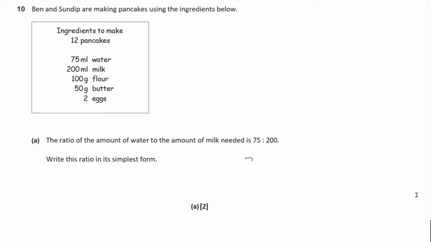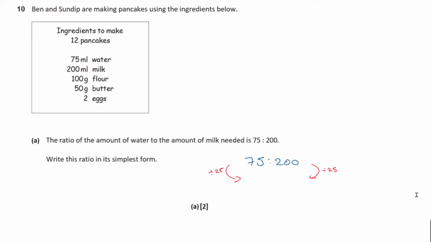So if I've got a ratio of 75 to 200, these cancel down pretty much the same way as fractions do. You've got to look for common divisors that you can divide through by. Now I know that 75 and 200 are both divisible by 25. So if I divide both sides by 25, if you don't spot 25, you might spot 5 and then do it a second time to cancel it down a bit more.